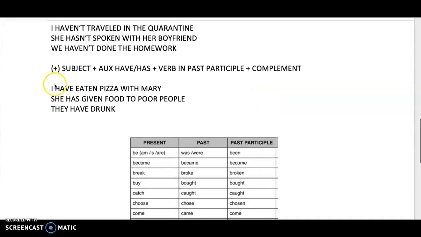Okay, now we have the affirmative sentence here. And how do you create this? Well, you have the subject first, or the person. Then you have the auxiliary. What is the auxiliary, guys? Yes, have or has. And then we have the verb in past participle and the complement.